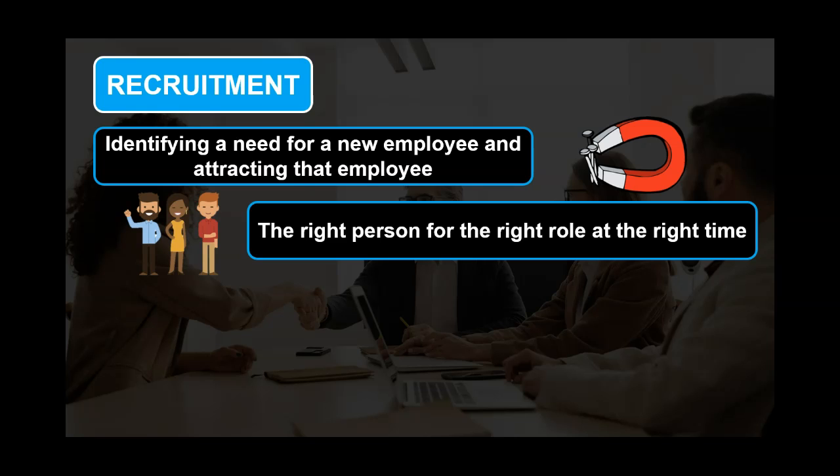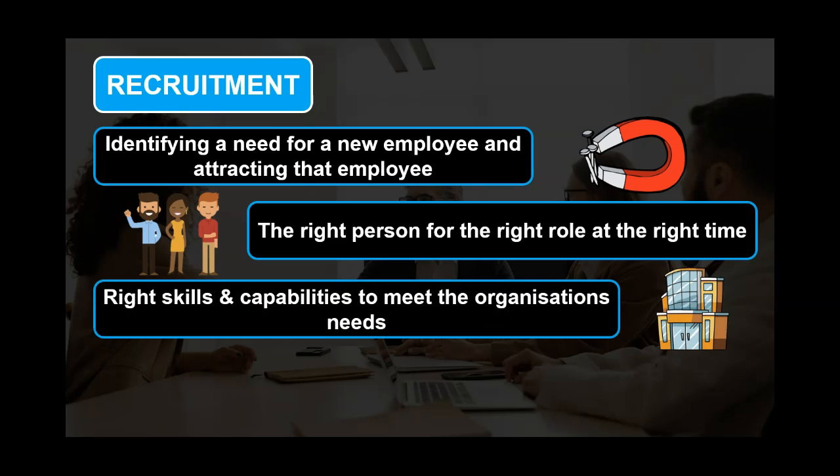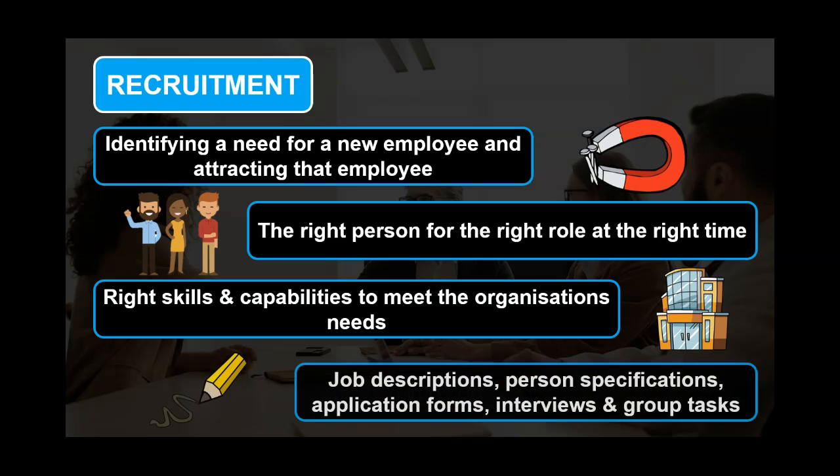Those people need to have the right skills and capabilities for that role to enable them to meet the organisation's goals. The recruitment process can involve using job descriptions, person specifications, application forms, interviews, and group tasks to help select the best candidate for that role.